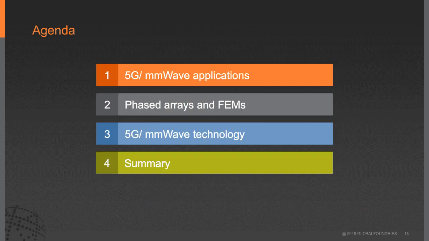Okay, so far we have covered the 5G millimeter wave applications. I talked about 5G fixed wireless, how phased arrays are used in fixed wireless. I talked about satellite communication, both LEO satellite communication and GEO satellite communication. Again, phased arrays are used to track the beam to the satellite.